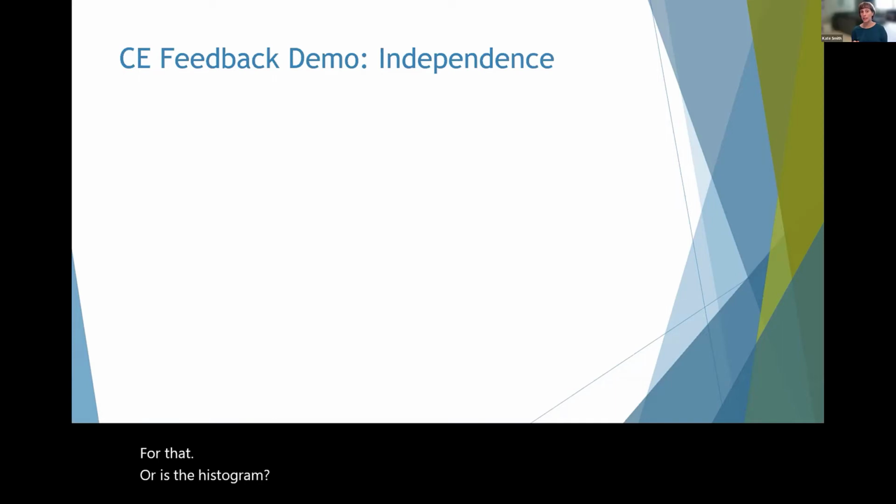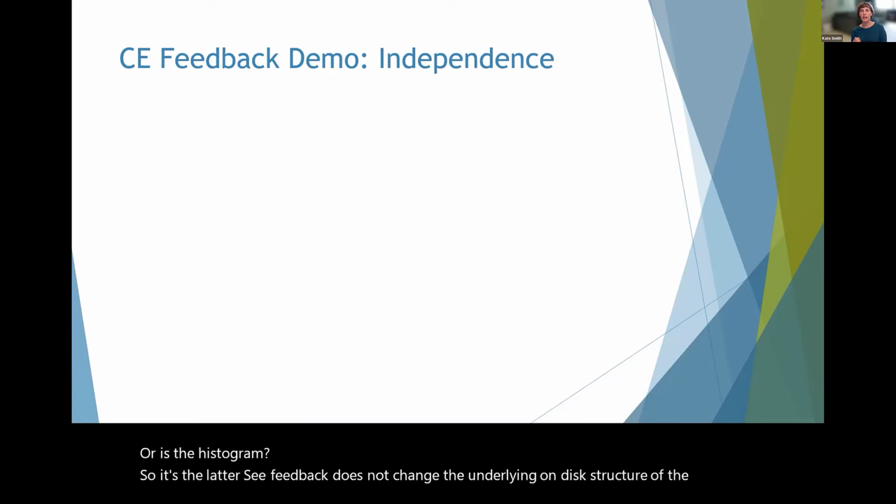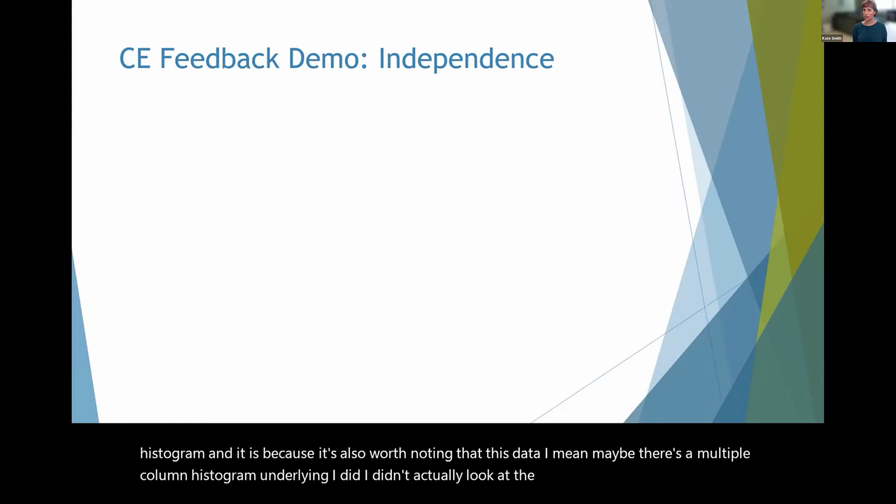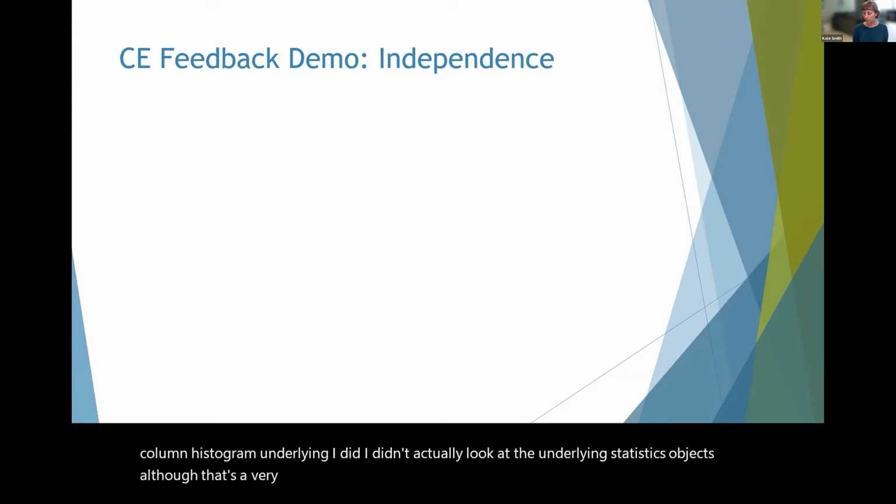So it's the latter. CE feedback does not change the underlying on-disk structure of the histogram. And it is worth noting that maybe there's a multiple column histogram underlying. I didn't actually look at the underlying statistics objects, although that's a very reasonable question.